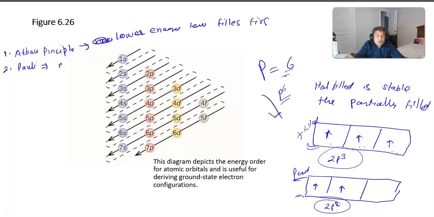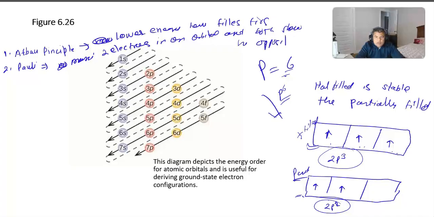Second is the Pauli exclusion. It says that maximum 2 electrons in one orbital, and both should have opposite spin. That means if one is spin up, the other is spin down. That is Pauli. Third is Hund's rule, which says that first of all fill all with parallel spin.